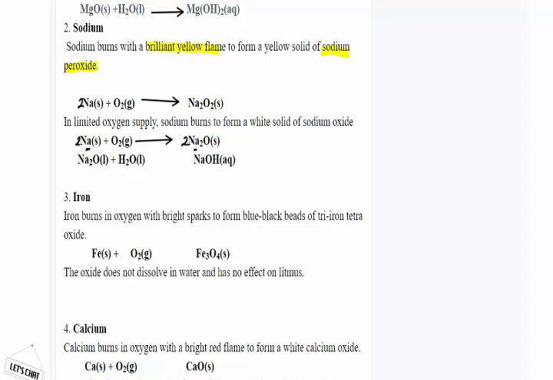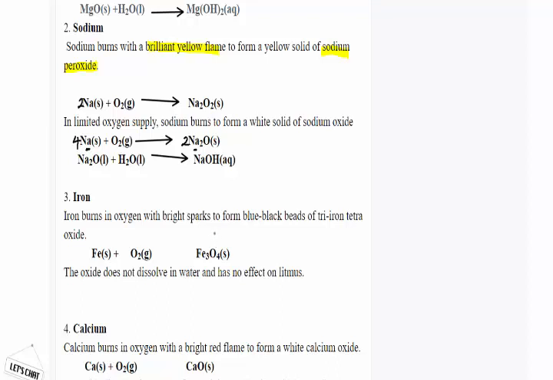Let's proceed by adding 2 here. Now we notice that once we add 2, sodium now becomes 4. So we can now balance by adding 4 in front of sodium. Now the equation balances. Also, sodium oxide dissolves in water to form sodium hydroxide.